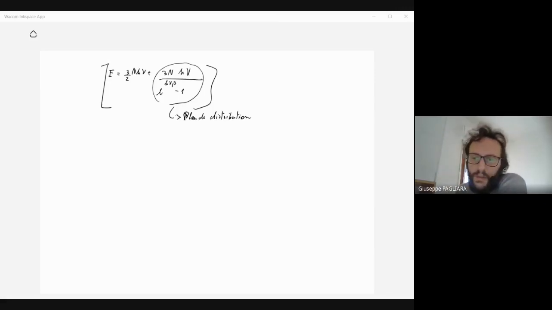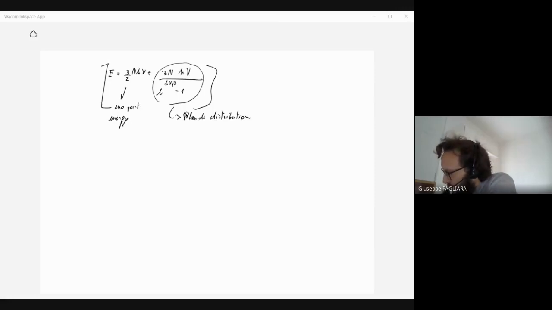And of course, it's something that you have seen also in the case of black body radiation and so on and so forth. Okay, and this is the zero-point energy.